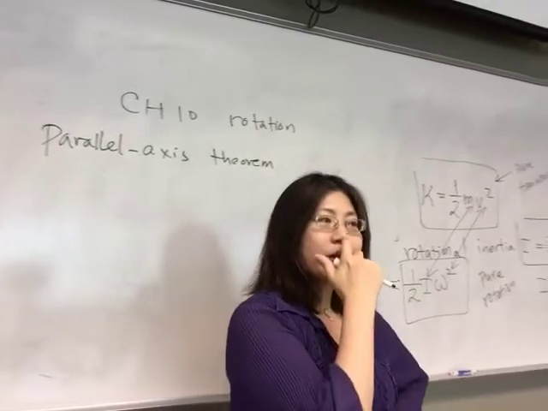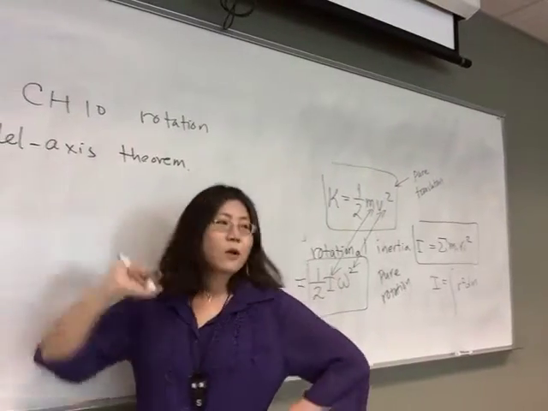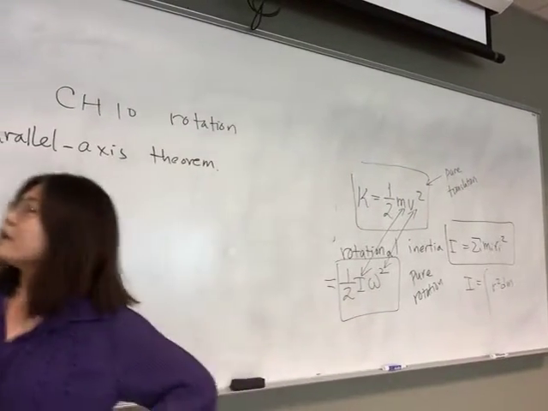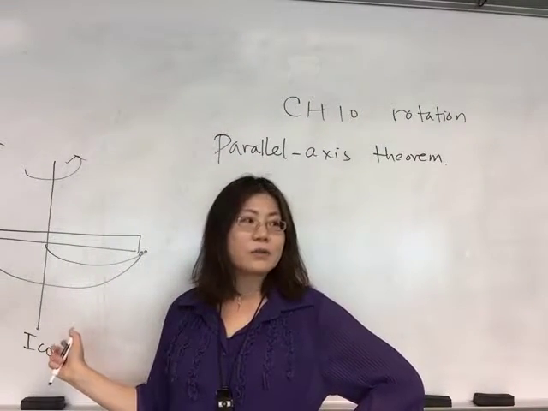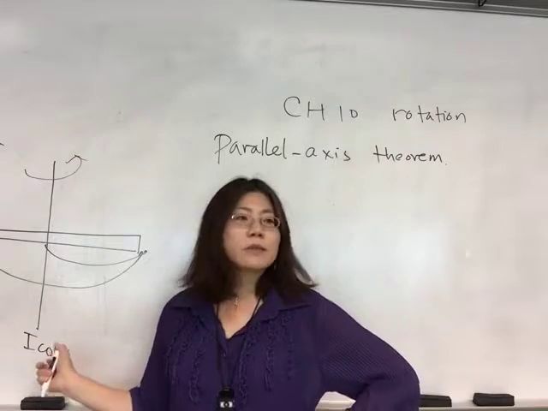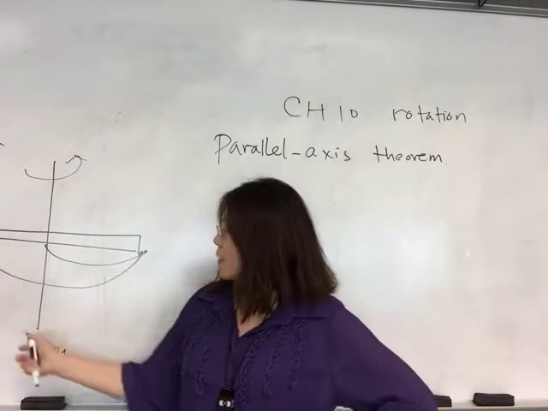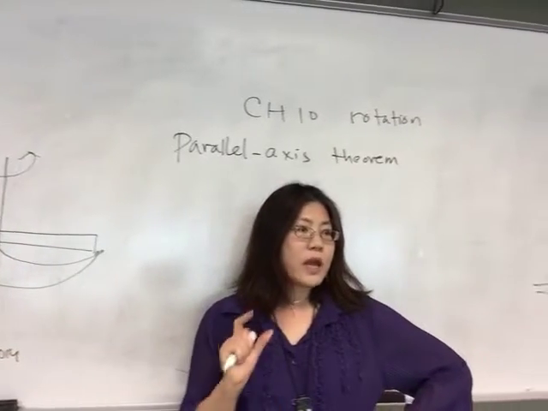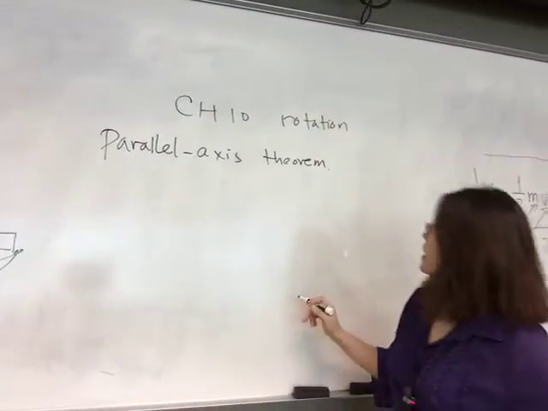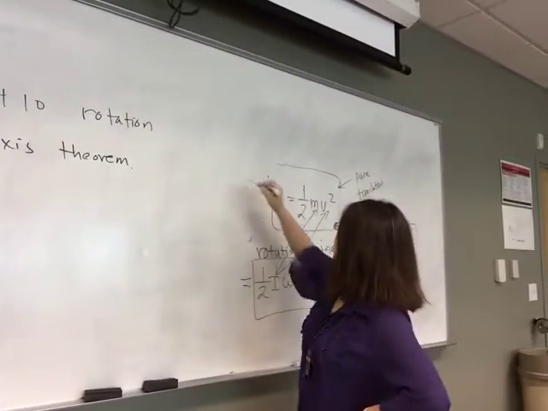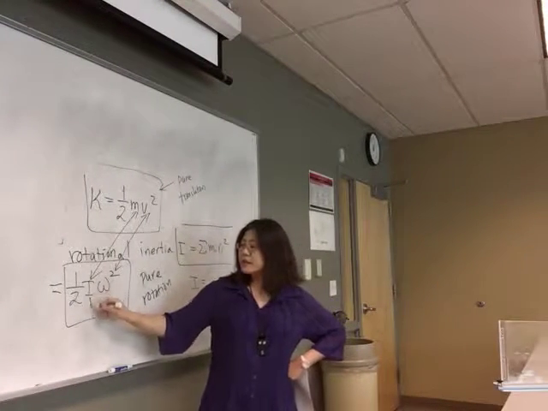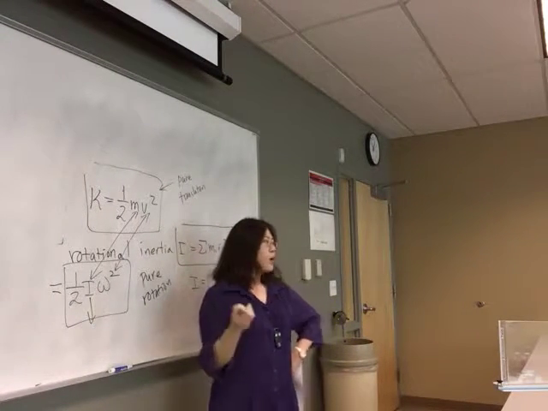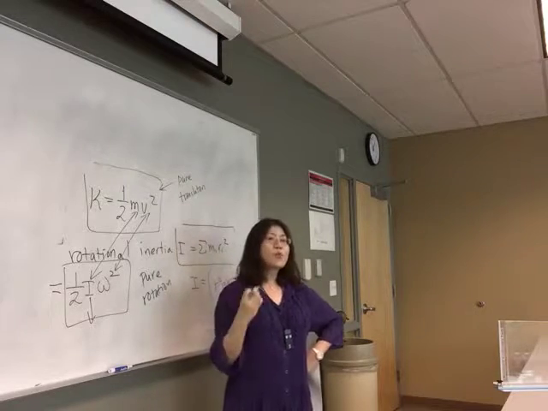Because by using the parallel axis theorem, you'll find that your I here is always greater than the I of COM. So I of COM is actually smaller. When I is smaller, if you remember, your K here is 1/2 I omega squared. So if this is smaller, it means you require smaller energy, so it's easier to rotate.